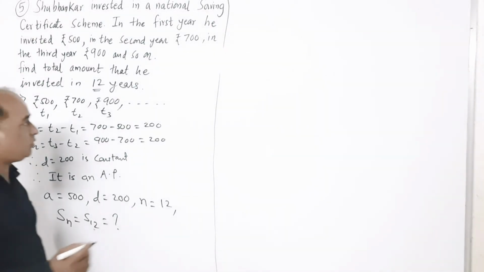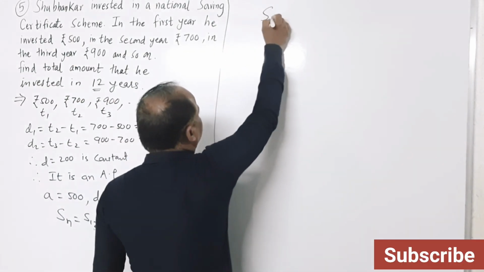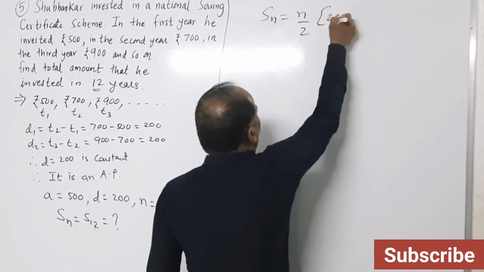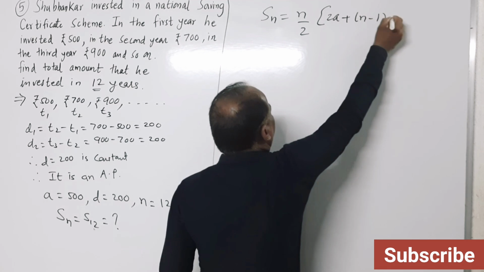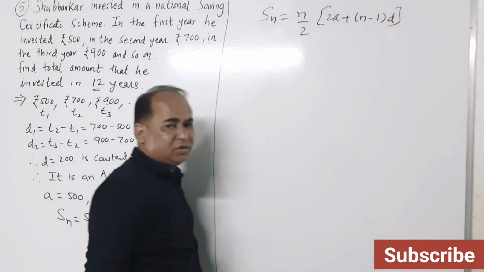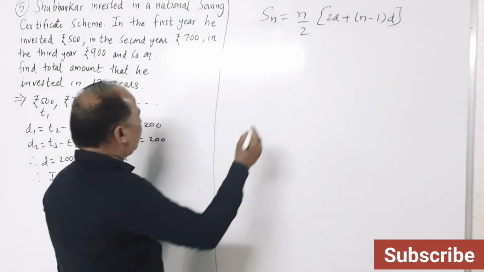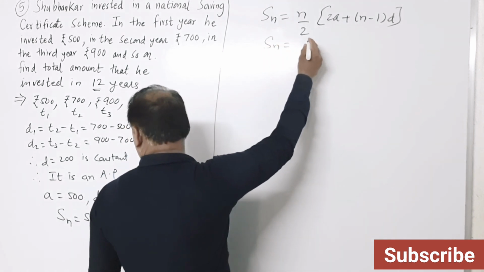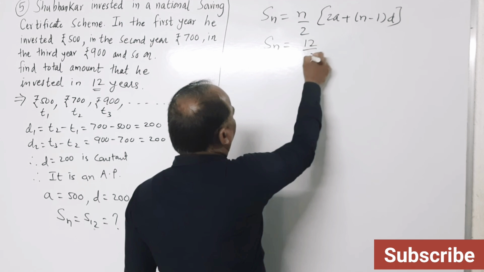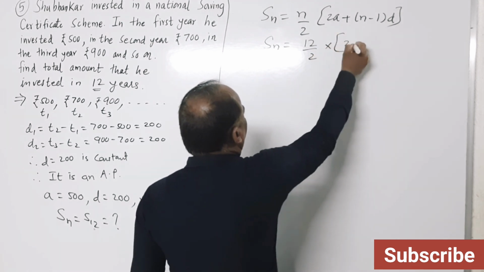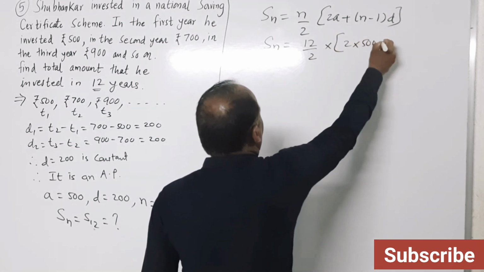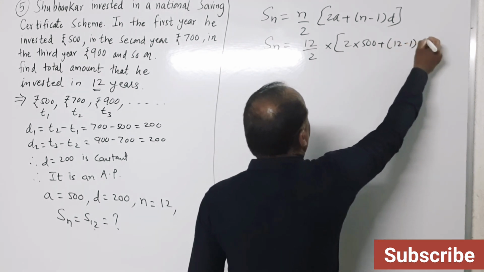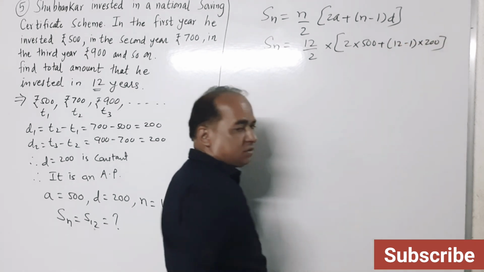So we know the formula to find Sn. Sn is equal to n upon 2 bracket 2a plus n minus 1 into d. So Sn, n is equal to 12 upon 2 in the bracket 2 into a, 500, plus 12 minus 1 into d, which is 200.